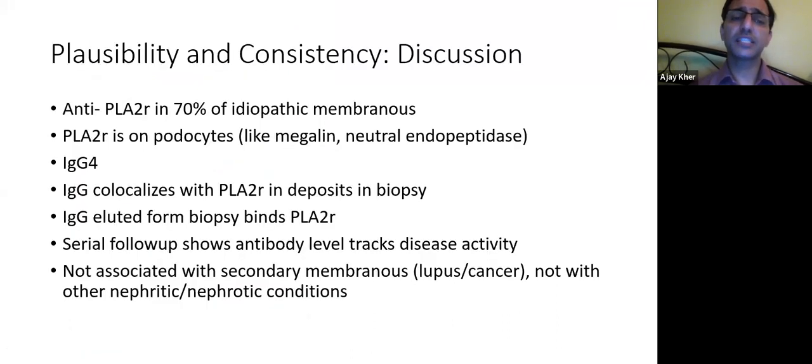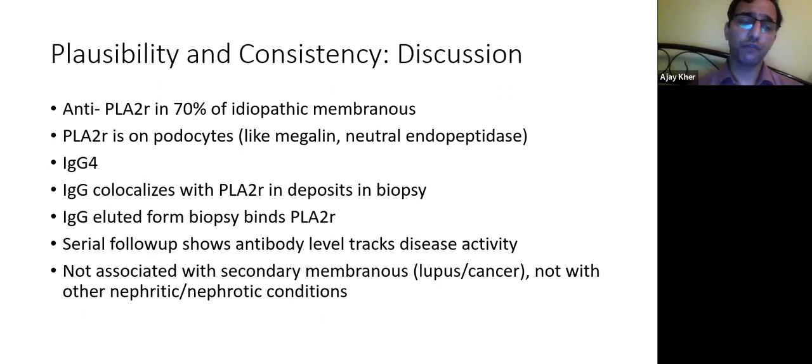And then in their discussion, they talk about how PLA2R is present in 70% of these idiopathic membranous. PLA2R is on podocytes, just like megalin and neutral endopeptidase, which were already known to be proteins associated with membranous before. So megalin in rat models of membranous, and neutral endopeptidase in the pediatric or neonatal membranous.